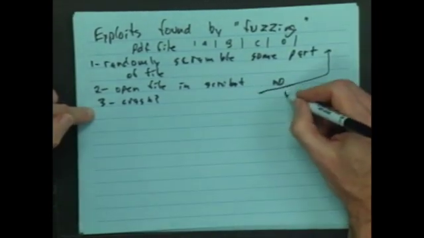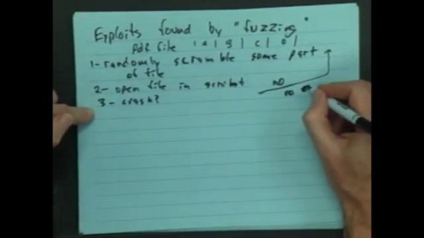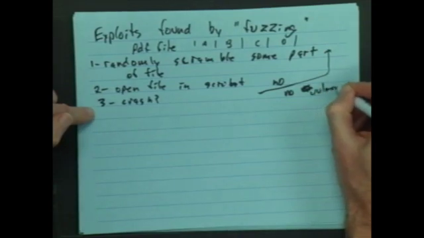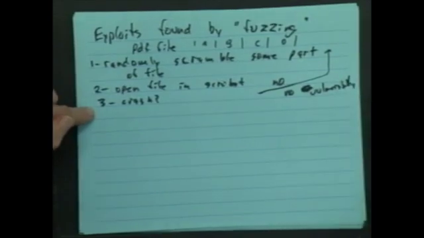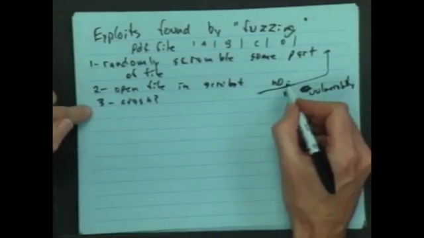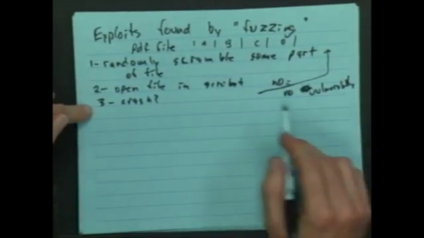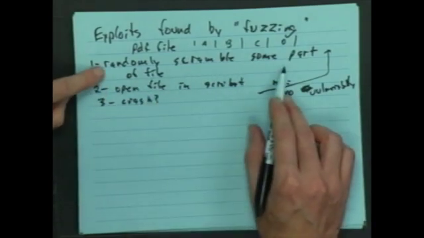So we use no exploit, or no vulnerability. That means I didn't find a vulnerability, and I can't spell the whole thing, sorry. So no means there's no vulnerability in that little bit I did.